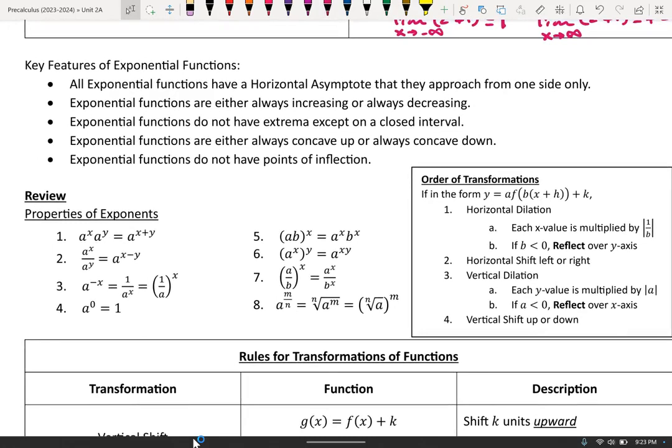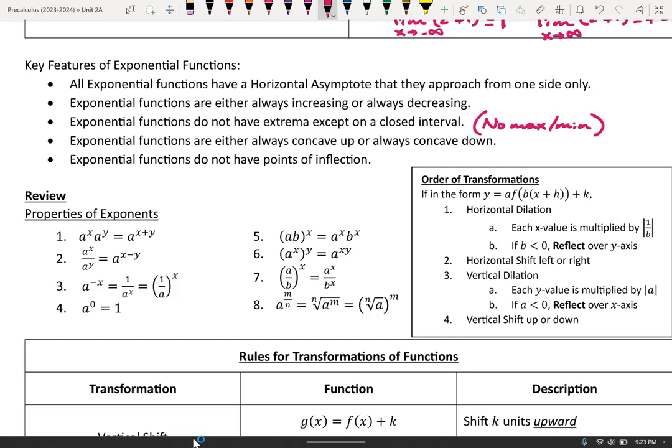Exponential functions are always increasing or always decreasing. Exponential functions do not have any extrema except on a closed interval, meaning we don't have maxes or mins. So this means no max or min. Exponential functions are always concave up or concave down.